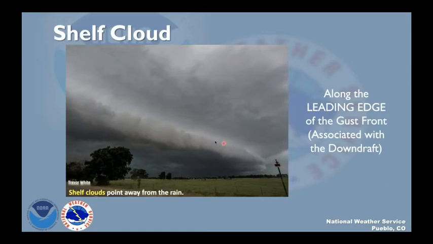The air going up towards it is moist and warm. The air behind this general area is going to be cooler. If you've experienced this before, these shelf clouds will go overhead, and then once it passes, it becomes really windy and significantly cooler.